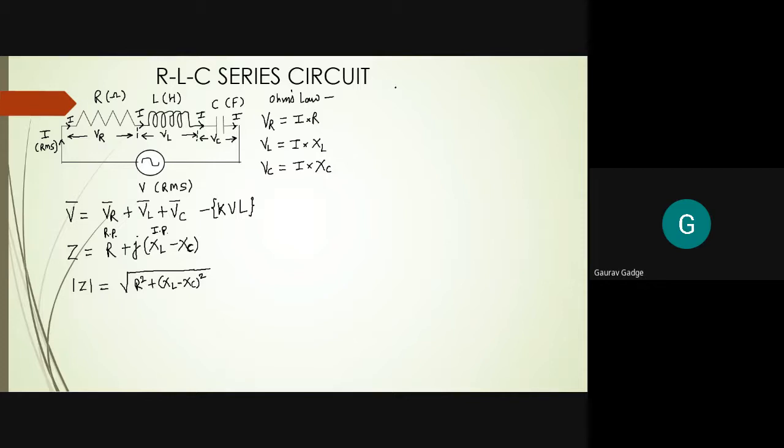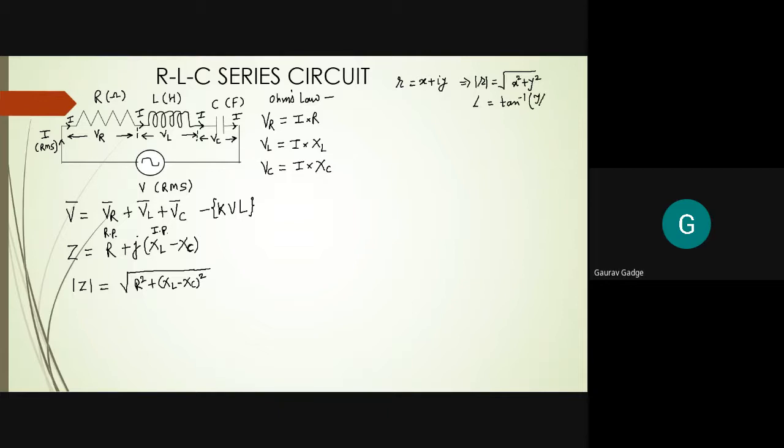So whenever we have, say, R is equal to X plus iY, as a mathematical formula, then mod R can be written as root of X square plus Y square, and its angle can be written as tan inverse of y by x.